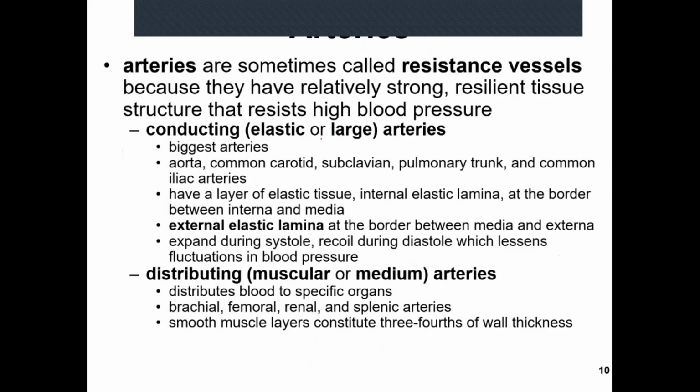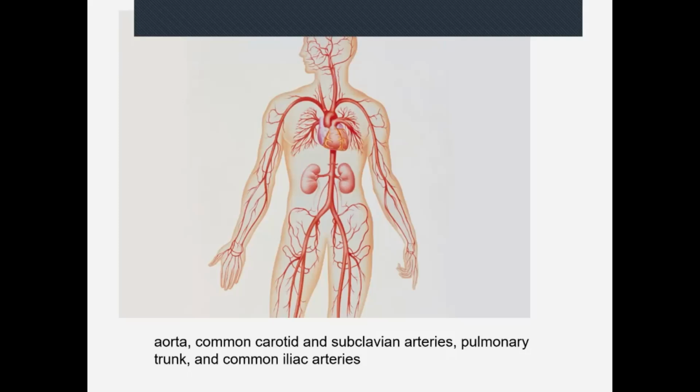Arteries are sometimes called resistance vessels because they have relatively strong, resilient tissue structures that resist high blood pressure. It's important. This is why we have elastic tissue inside, mostly in the conducting large arteries, the biggest arteries. For example, here, aorta, all aorta, from the arch to the abdominal aorta. You remember, yes, the aorta has the ascending part, aortic arch, and descending part.